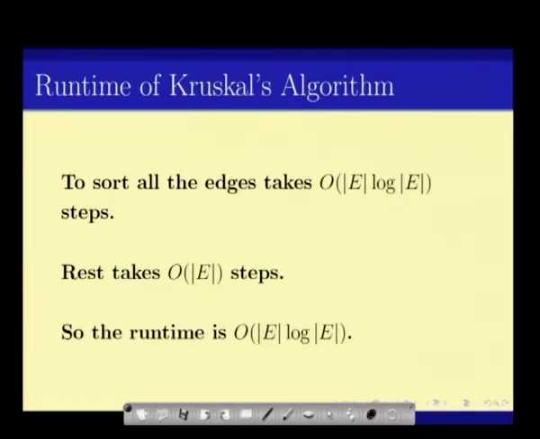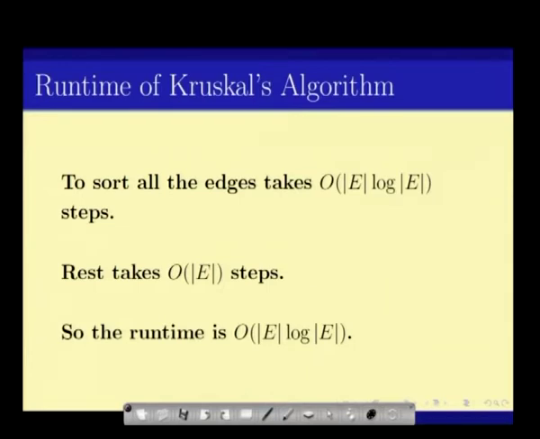Anyways, we saw the proof in the last lecture, and we have seen that the algorithm takes order e log e steps. The main amount of time is required in sorting the set of edges in ascending order, which takes order e log e.